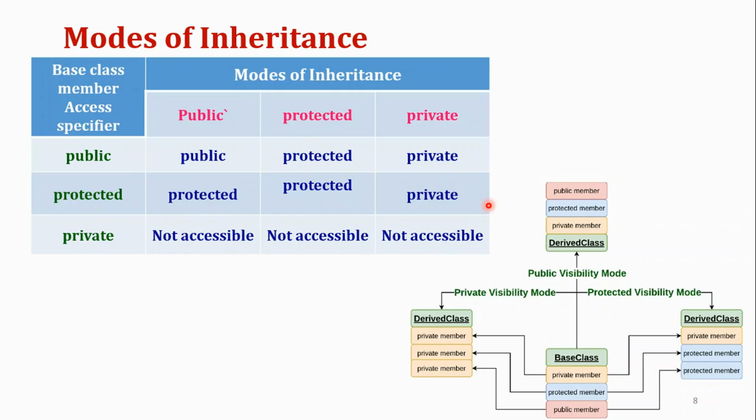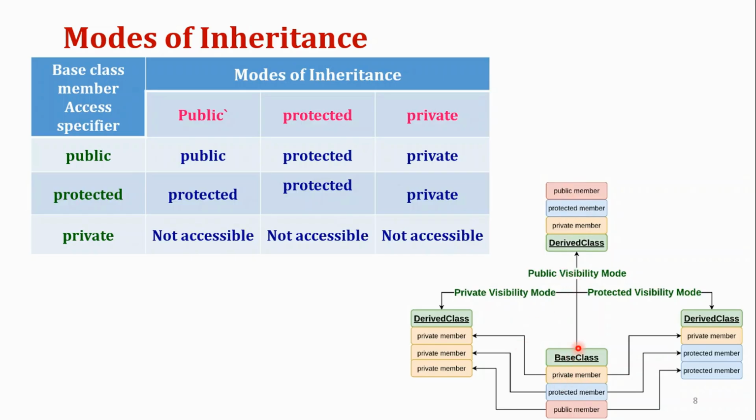In detail, it is given here. If you want, you can refer to the PPT. In the public mode from base class to derived class, private members are never inherited, public becomes public, and protected becomes protected. This is the public mode of inheritance.